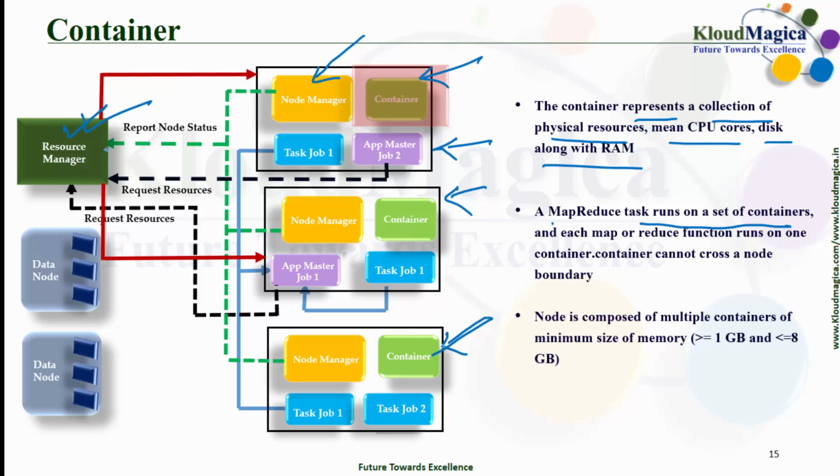The relationship between a container and a node, this is basically our node, is just like this: one node can run several containers, but a container cannot cross a node boundary.